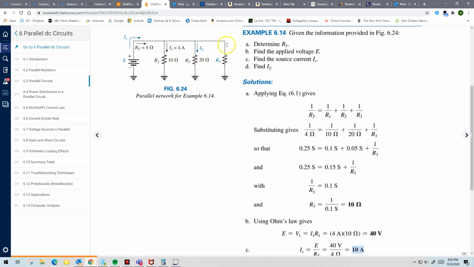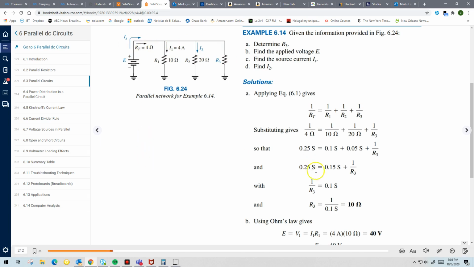That means another 4 go through R3, right? Because 6 plus 4 equals 10, which is the current that comes in. Check that out. Make sure it makes sense. Find the current through R3 by just looking at the sum of the individual currents. They should be equal to the total current.